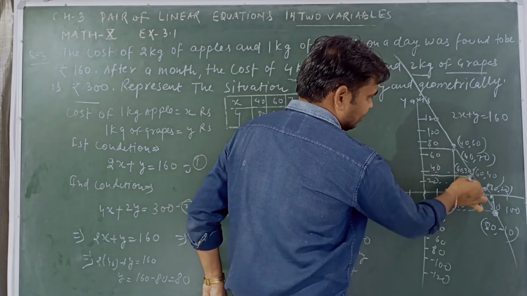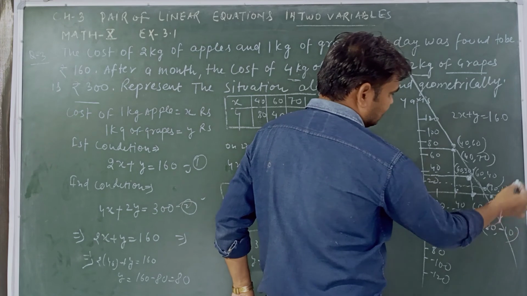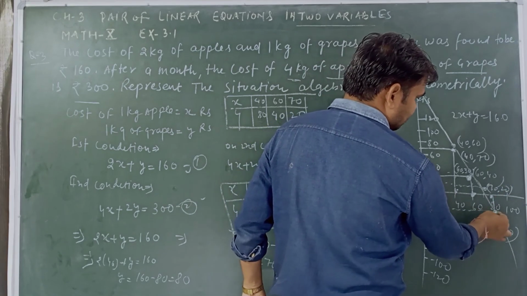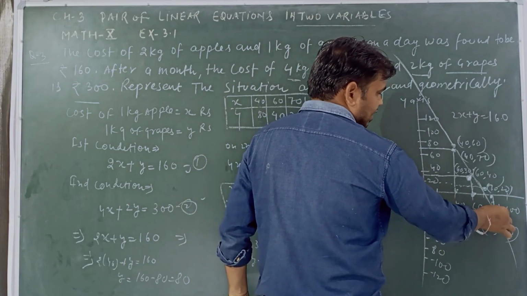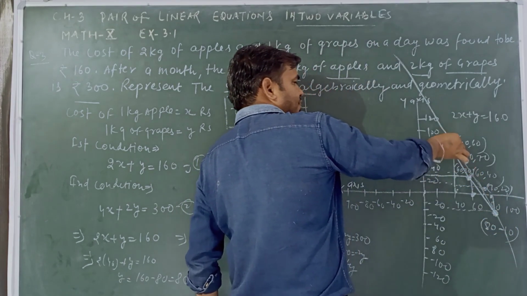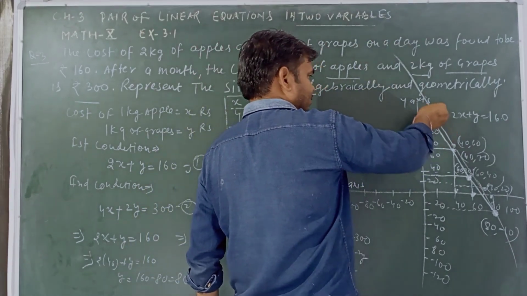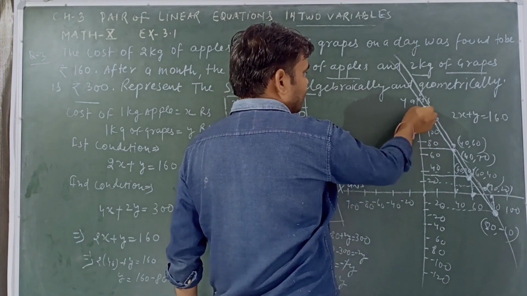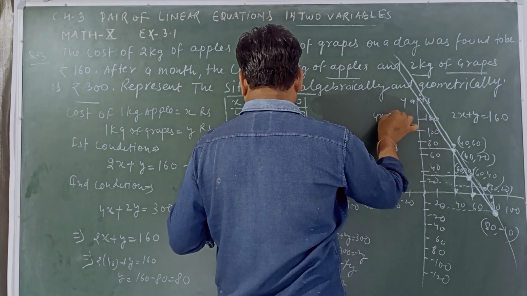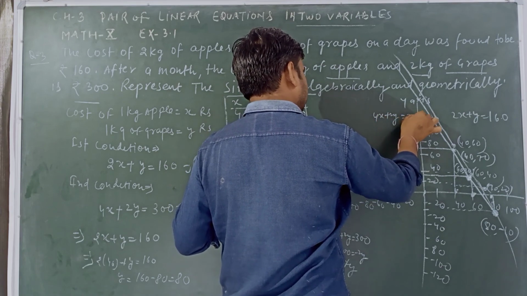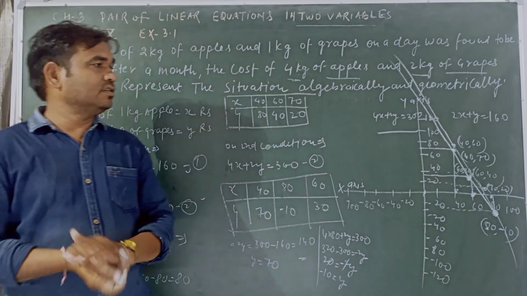In the same way we have to draw this line, and we can write it as 4x plus 2y equal to 300. So this is the geometrical situation.